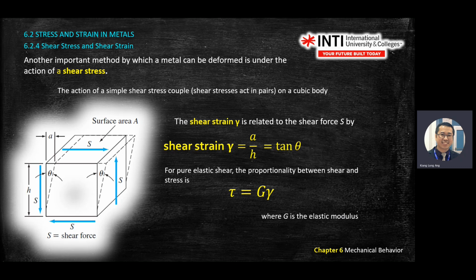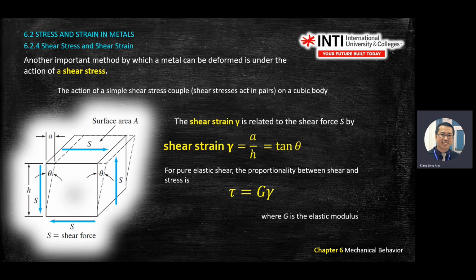G is the elastic modulus. Gamma is the shear strain. And tau is the shear stress. You have a shear stress, right? This is a shear stress. This is a shear strain.